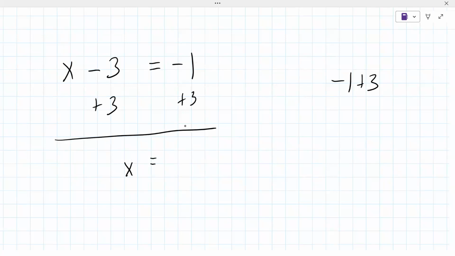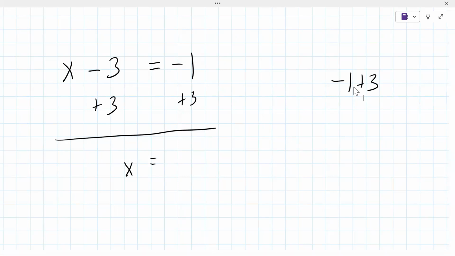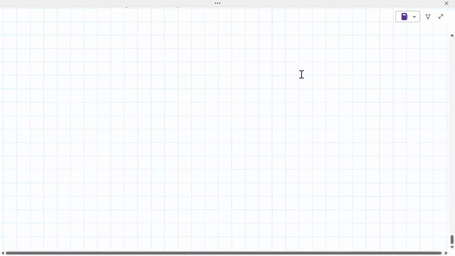You've already done this. You've got one negative, one positive. They're opposite in sign. It's just like we were doing earlier. So x would equal 2. Yeah, good. Let's try another one here. Let's go -7 equals x minus 3. Could you try solving that for us, please?